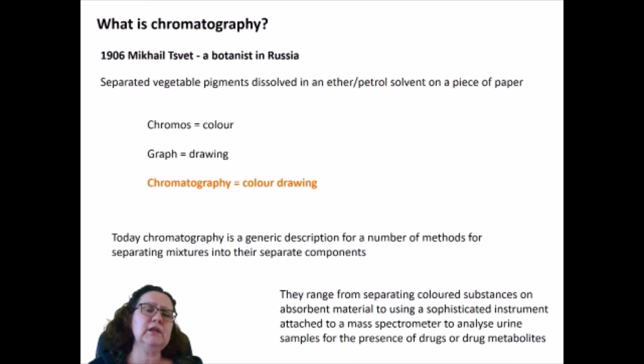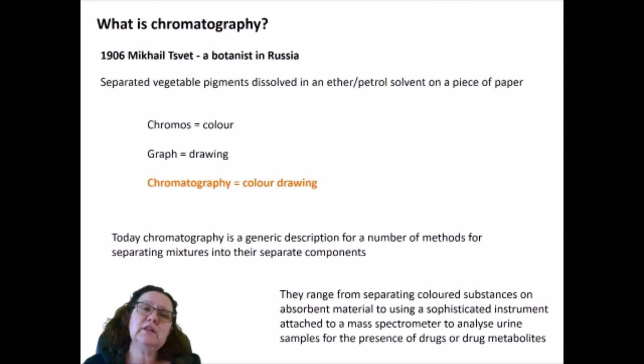It was discovered in the early 20th century by a Russian botanist, and the first components to be separated using chromatography were plant pigments, specifically chlorophyll. He used ether as a solvent and used a piece of paper to separate the different types of chlorophyll.